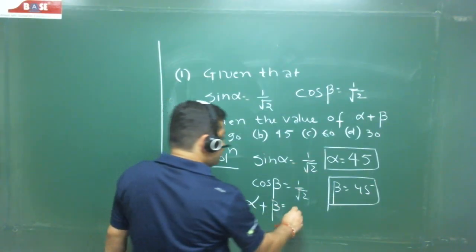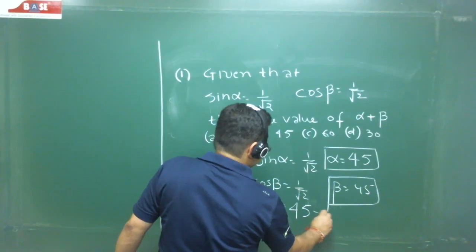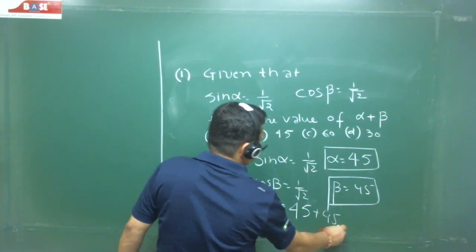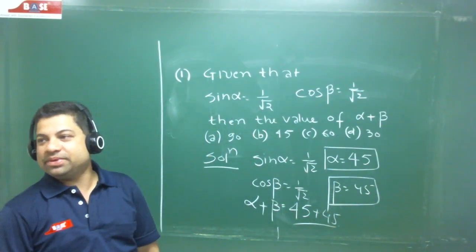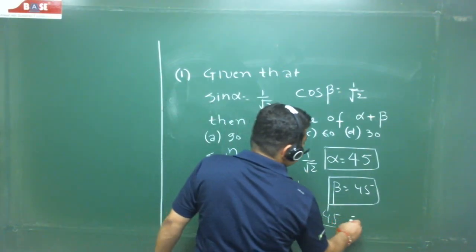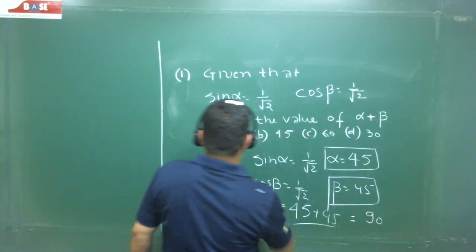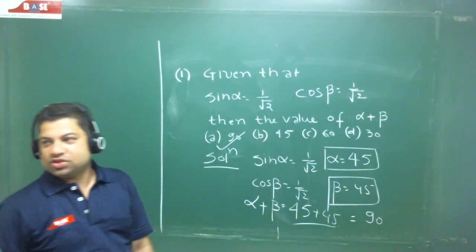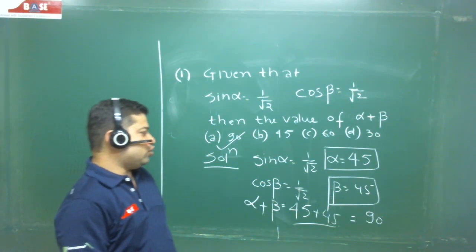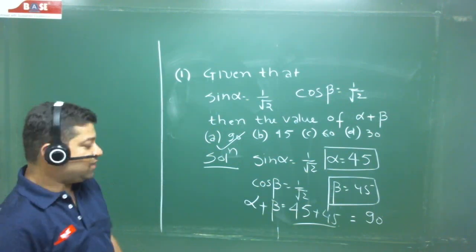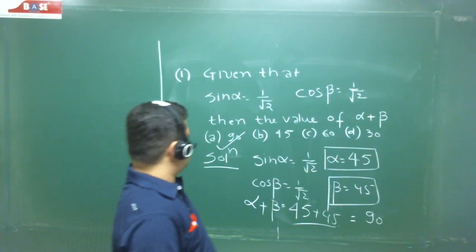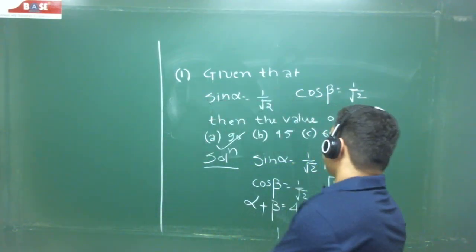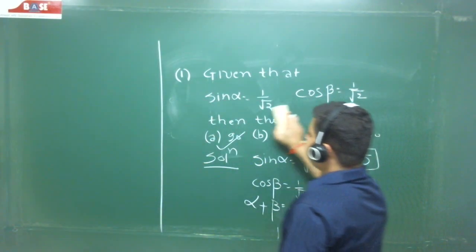So 45 plus 45 gives 90. So this will be the correct option, option A. In OMR, you are supposed to bubble this. This is one question. Now I am going to take the second question.